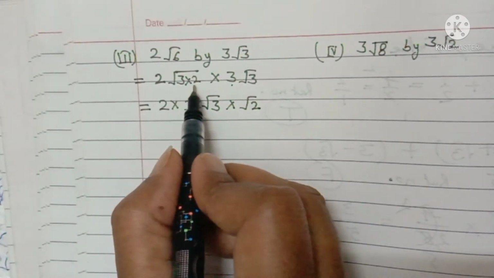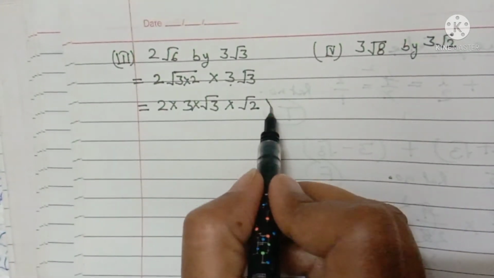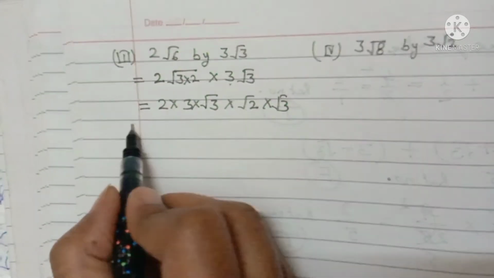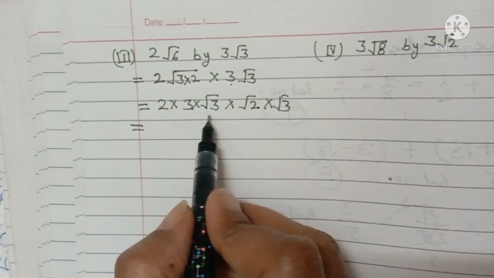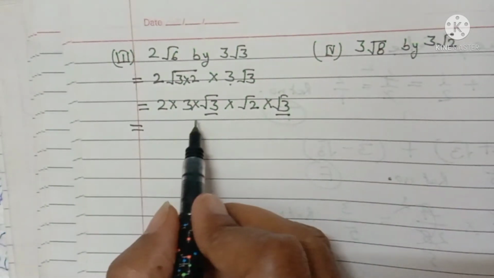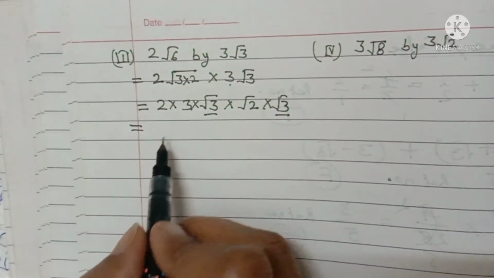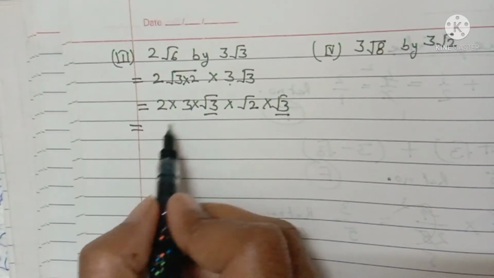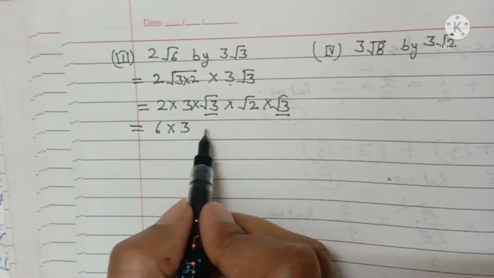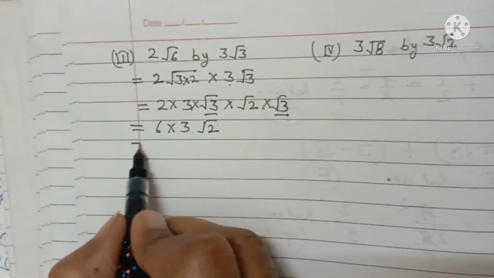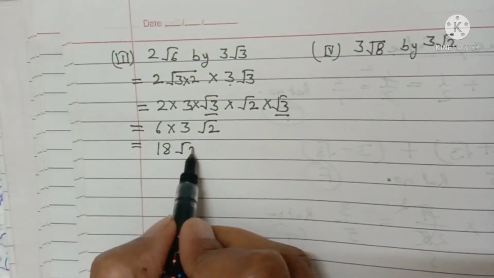This is root 3 into root 2, and this is again root 3. So you will get 3 2s are 6, and these are in pairs, so you will take only one 3. So 2 3s are 6 into 3, and this is root 2. So 18 root 2, answer.